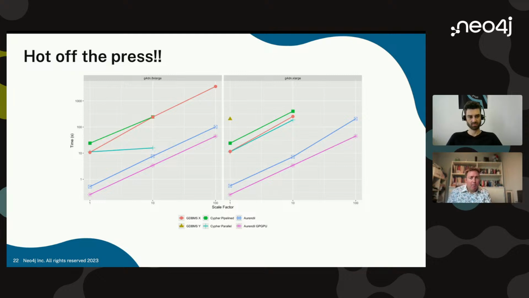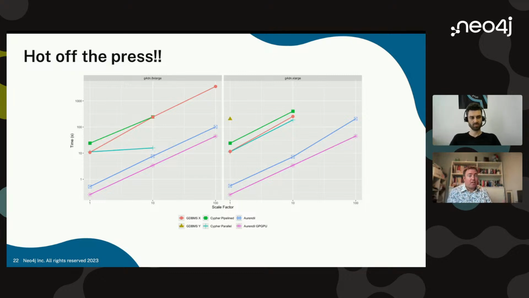What this means for people is even more exciting. I've got two plots there: one plot on the right where systems fall over because they run out of memory, and the plot on the left where they don't. What this means is that we can run bigger data sets on smaller hardware. On the smaller machine, we can scale to the same size data sets as on the bigger machine.